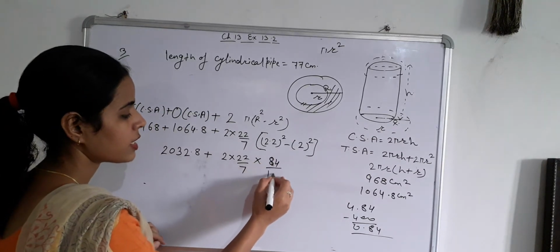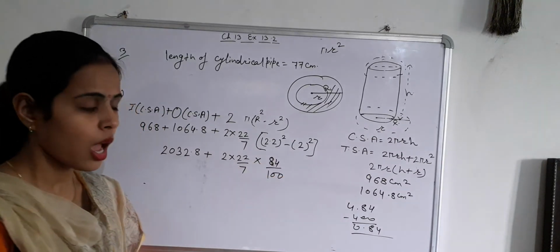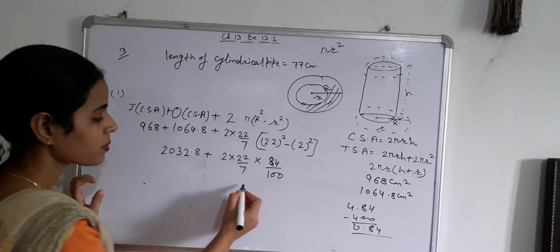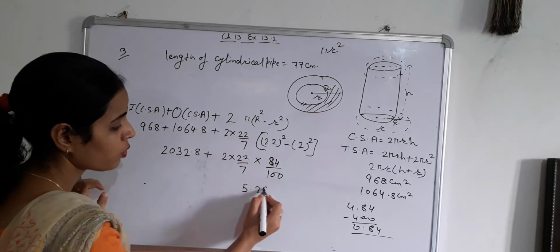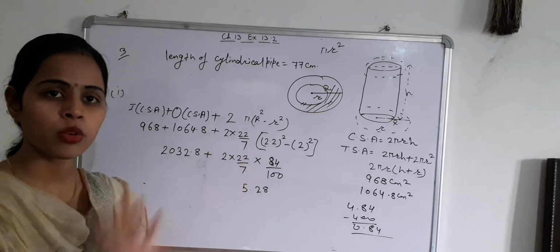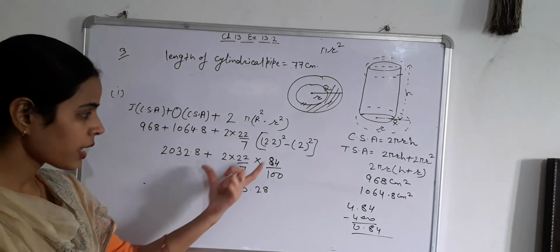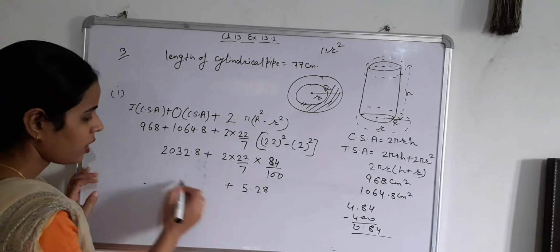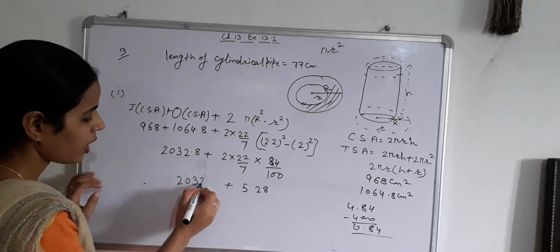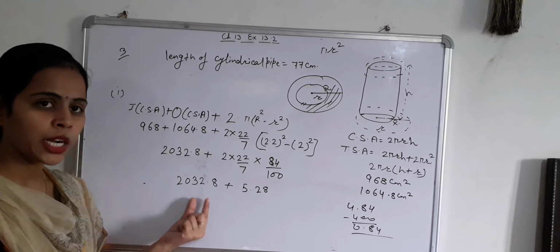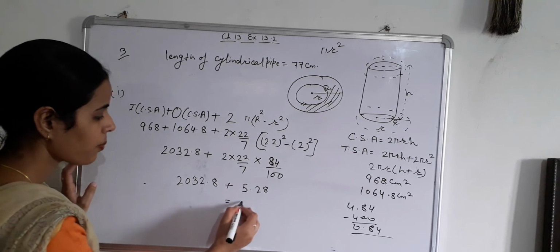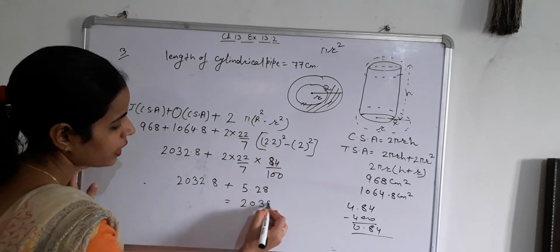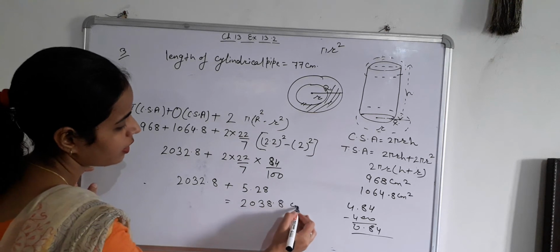0.84 you can write as 84 upon 100. After calculating these terms, 5.28 comes. If we add 5.28 to 2032.8, then 2038.08 comes.